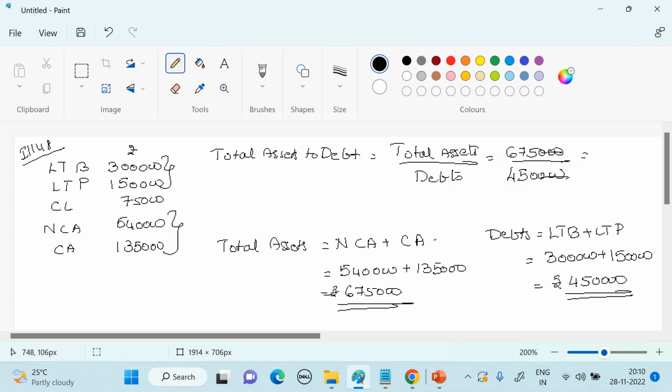Cancel these zeros. Find out the ratio. 45 how many times? 45 times 15 gives 675. So 1.5 to 1 is the total asset to debt ratio. Clear, everybody?